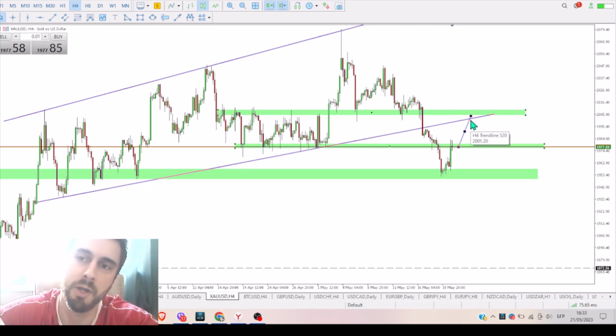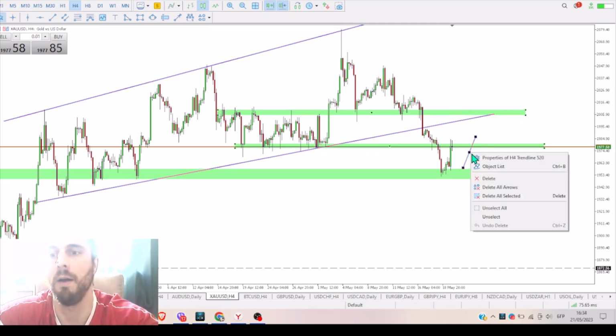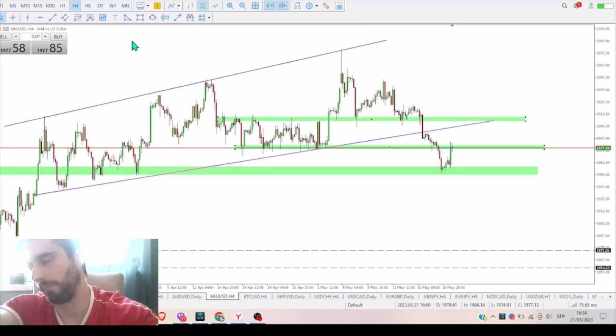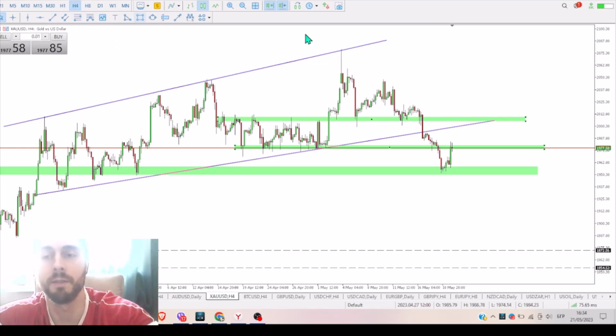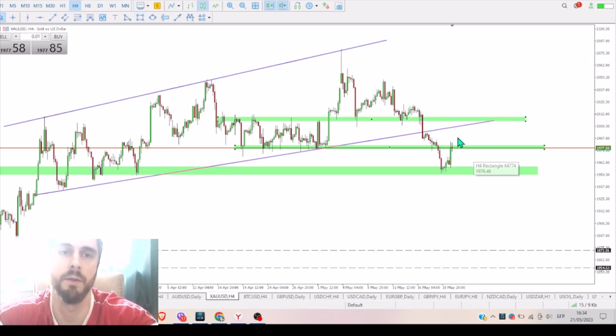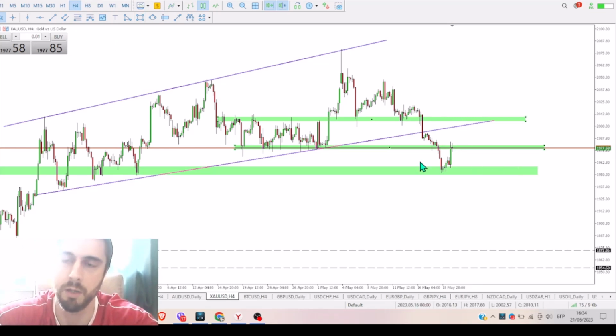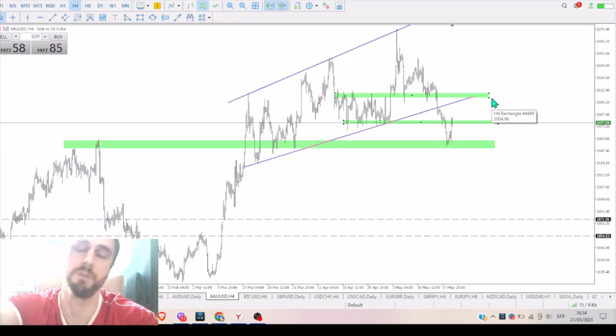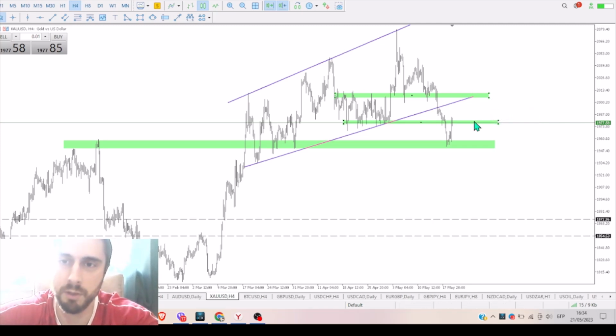If not, if the price continues to the downside, we also have reasons to sell from this resistance area, because currently we are in a downtrend. We have broken very important levels of support. We have broken the pattern, so we should continue at least as much as the size of the pattern.